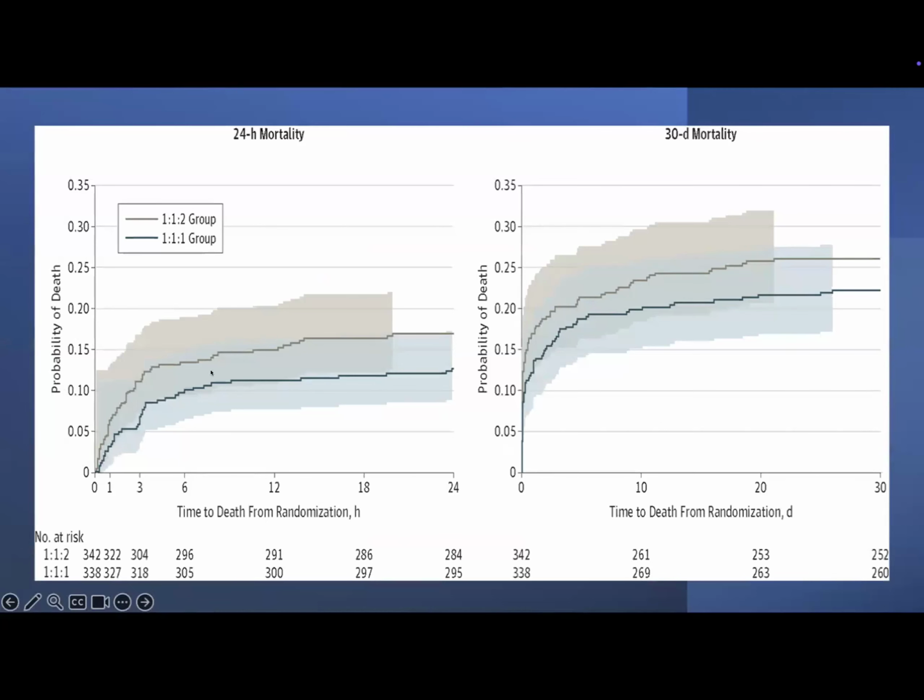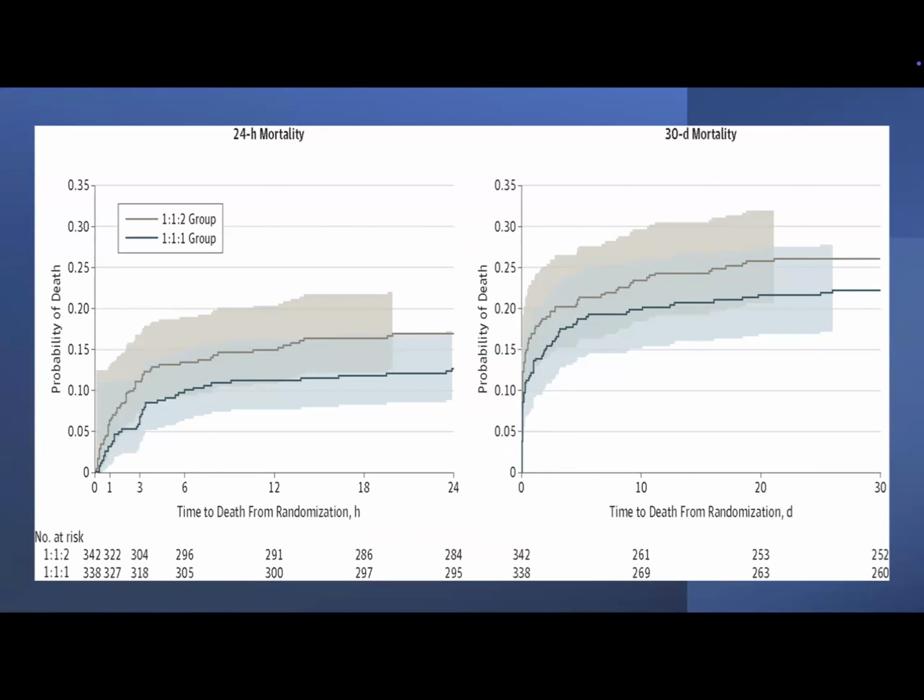If you see, this difference is visible to the eye, though not statistically significant, this difference was around 4%. This is for 24 hours and this is for 30 days. This difference persists at 30 days also. So even though it is not statistically significant, it is very clinically significant for us.